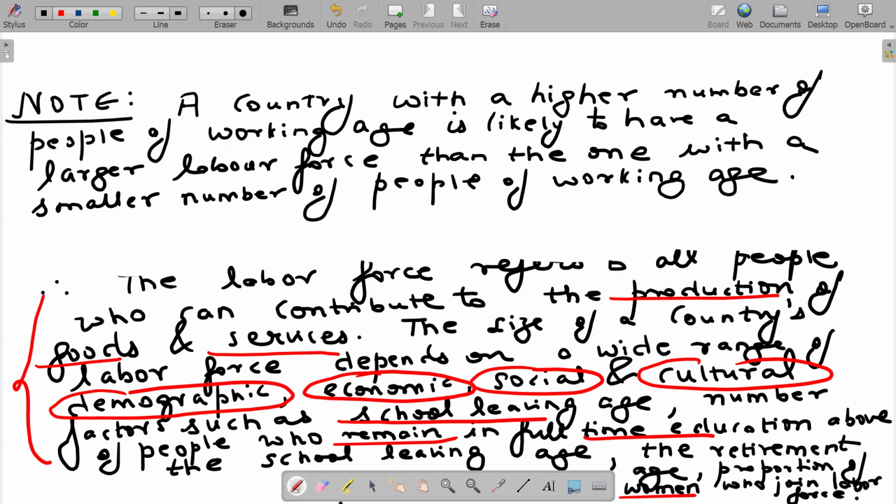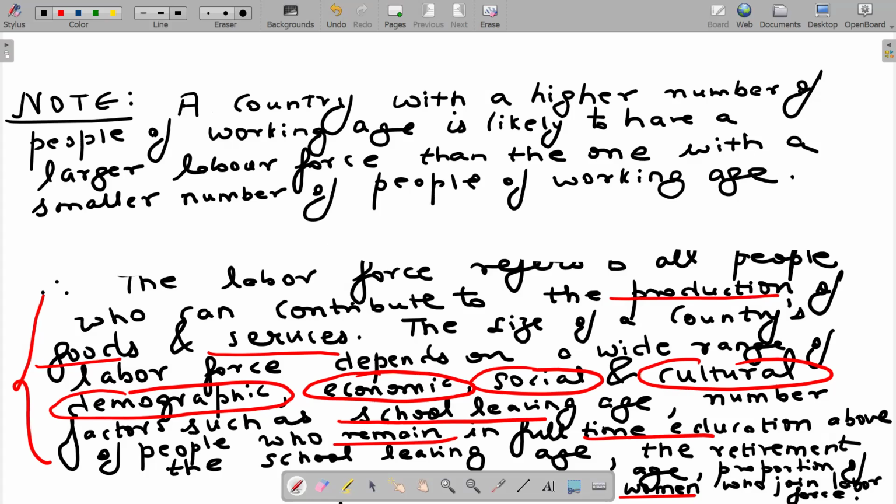So when we talk about a country, it is very clear that the more people in the working age bracket, the larger the labor force of that country. A country with more people in the dependent population, which is children and the elders, will have a lower labor force. That country where more people lie in the working age bracket will usually see a higher labor force. But this is not always the case.